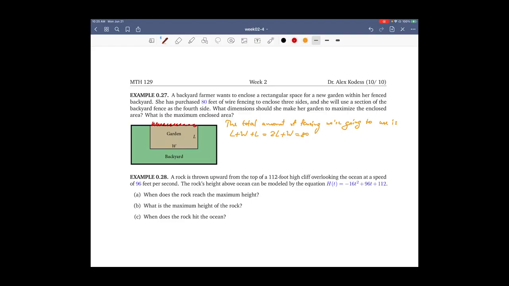Strictly speaking, it should be less than or equal to 80. But there is no need to leave unused fencing. Of course, the more fencing we use, the more enclosed area we get. So let us assume that we are using all of the fencing.